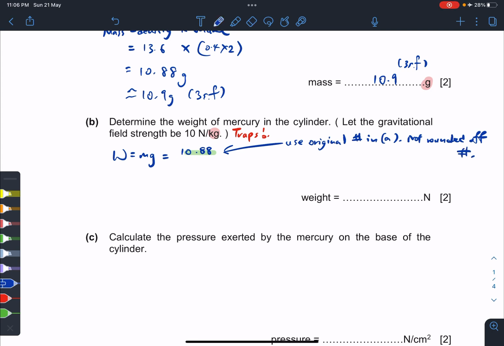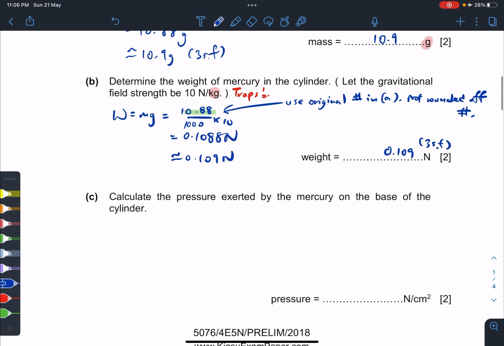Anyway, times 10, which gives you, this is divided by 1000. You should get an answer of 0.1088 N, which is 0.109 N 3SF. 3SF because of this very specific question.